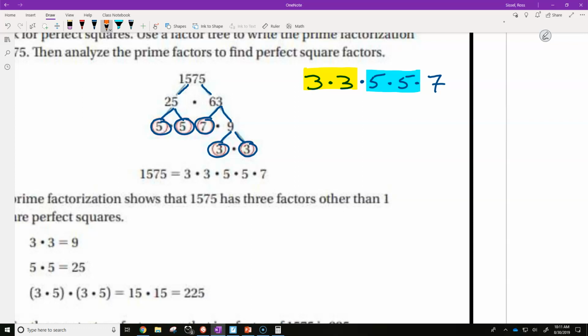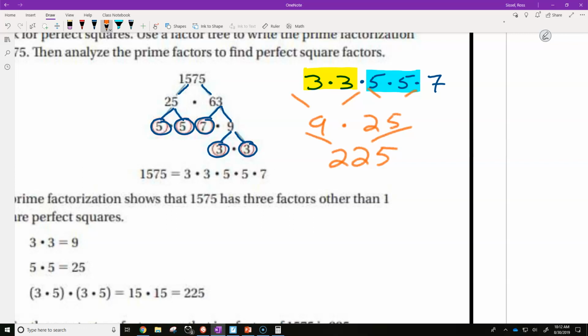If I want to show my work, this is a perfect square making 9. 5 times 5 is 25. And then 9 times 25 is 225. If you use your calculator, it would help you. I could have just done 3 times 3 times 5 times 5 equals 225. 225 is our perfect square.